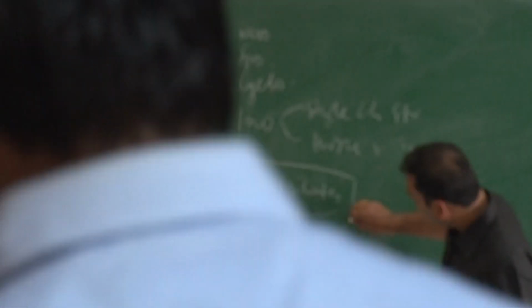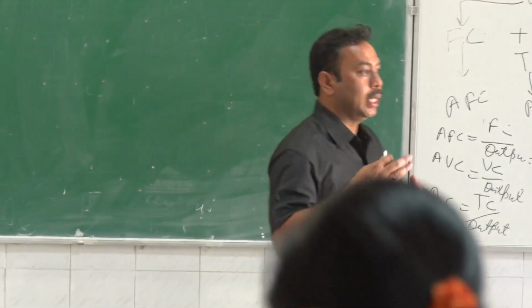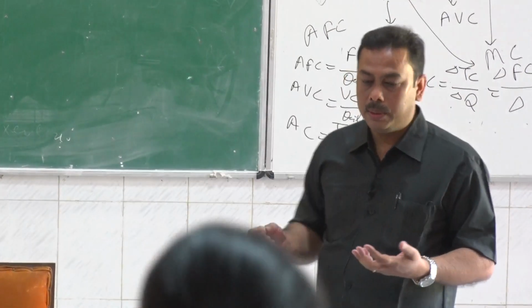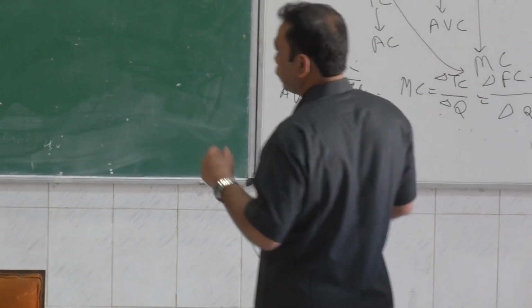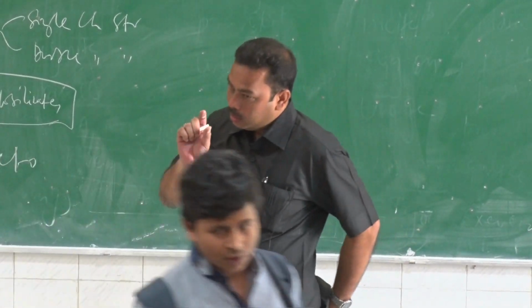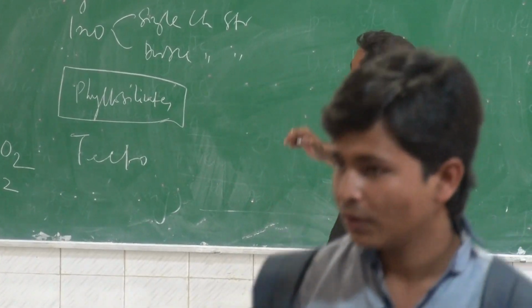And out of this, I said phyllosilicate is the principal component which regulates the characteristics of a soil. Okay, and in this part we discussed the structure and the basic unit and the charge distribution. That part also we covered.